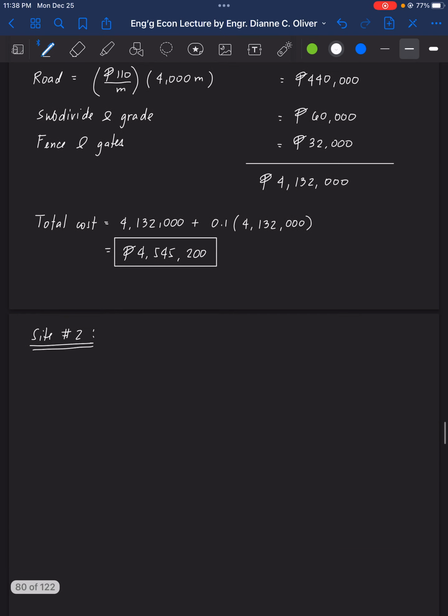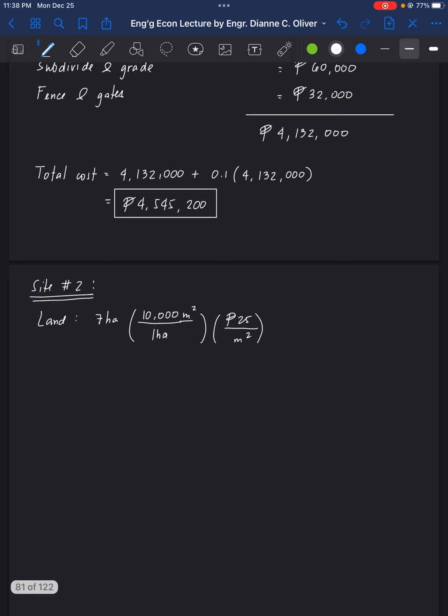So let's write the land cost. It is equal to 7 hectares, and of course 1 hectare is 10,000 square meters, at 25 per square meter.